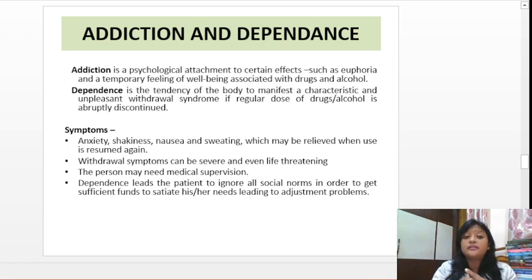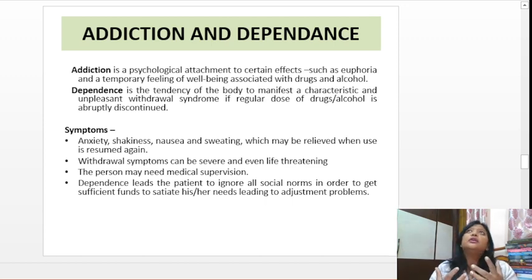Now, what is dependence? Suppose a person is continuously taking a drug, and suddenly the drug is stopped or discontinued. Then that person starts feeling an unpleasant withdrawal syndrome. The body feels withdrawn and unpleasant because of not getting the drug.